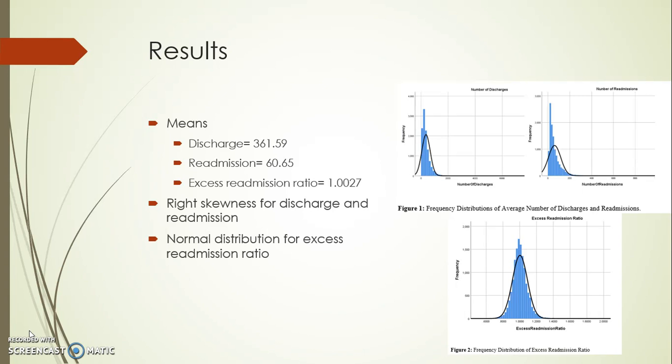Excess readmission ratio had minimal skewness with a number closer to 0 at 0.564, which is demonstrated by Figure 2, which shows a normal frequency distribution. All variables had kurtosis values greater than 3. Discharge at 33.104, readmission at 14.75, and excess readmission ratio at 3.345.